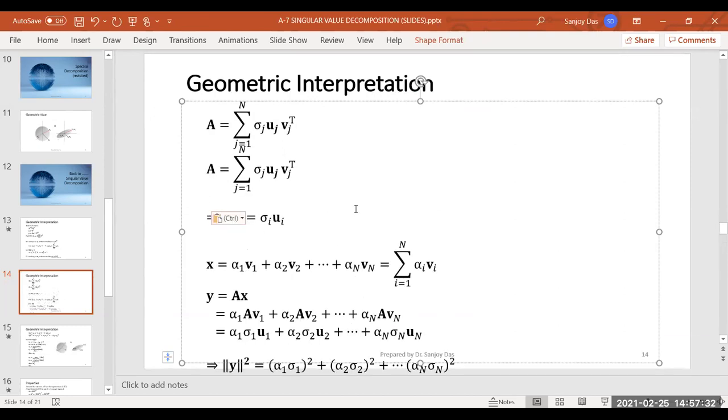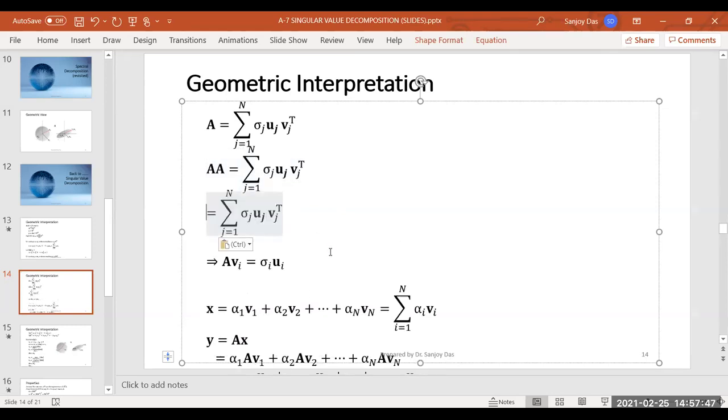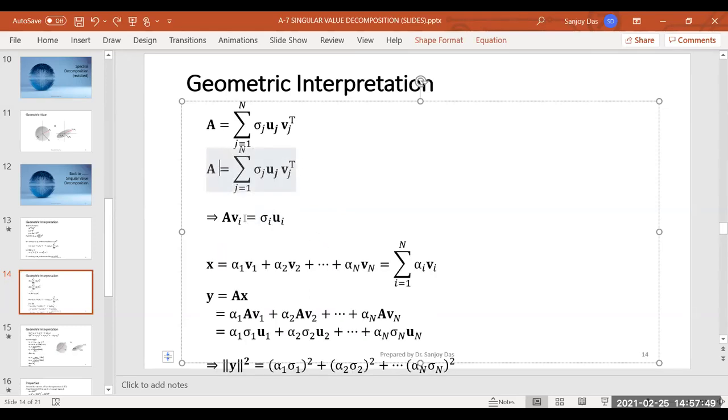So what would happen if I not pre-multiply, post-multiply? Did I say pre-multiply? Post-multiply both sides with V_i.